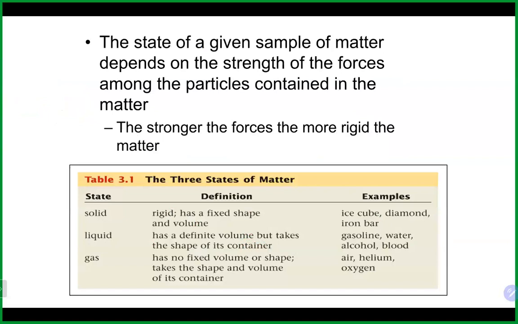So again, as we talked about, it is the forces among molecules that really determine what state you would see. There are some forces that also are important, things like melting points and boiling points where things transition.